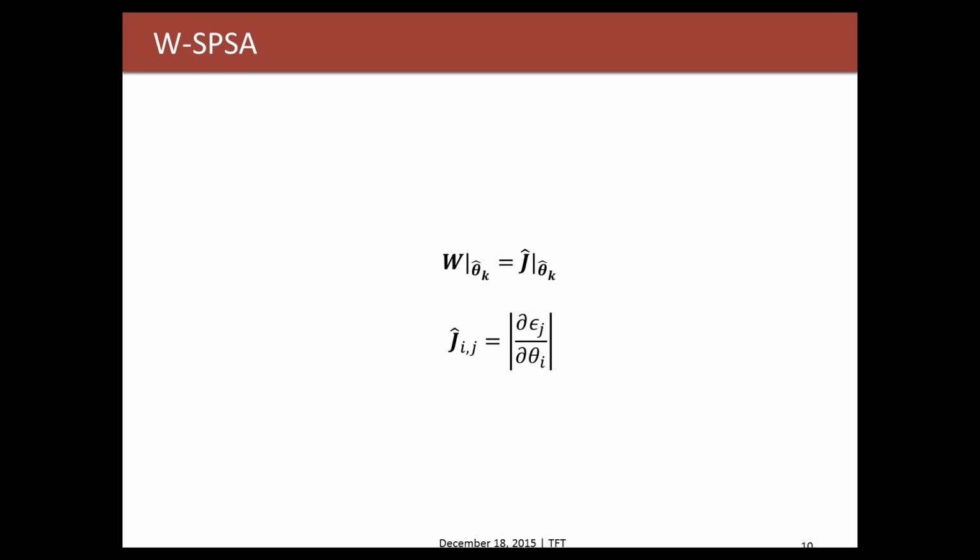Now, the frequency for updating the weight matrix depends on the specific problem or on the stage of the calibration problem as well. So if there are small variations going forward in the algorithm, eventually the updates of the matrix don't need to be as frequent.